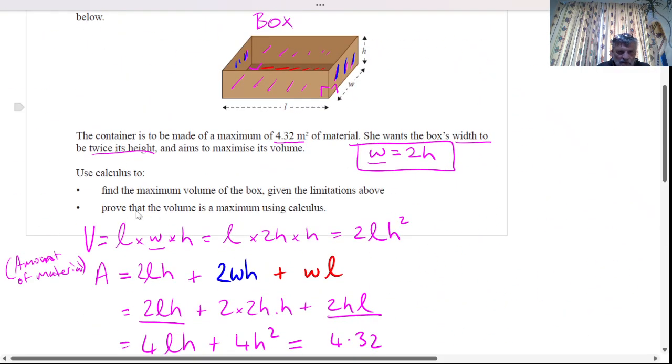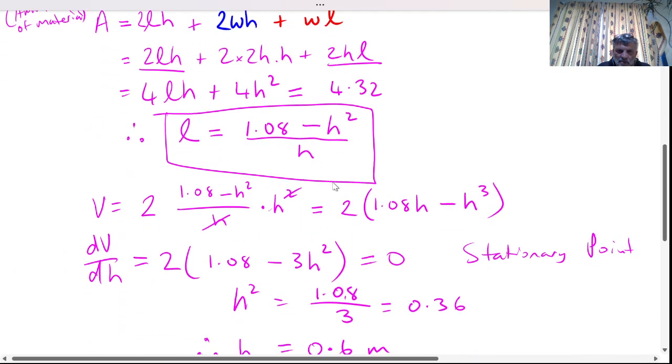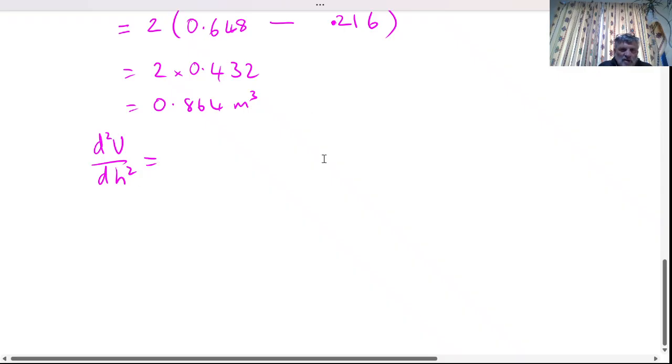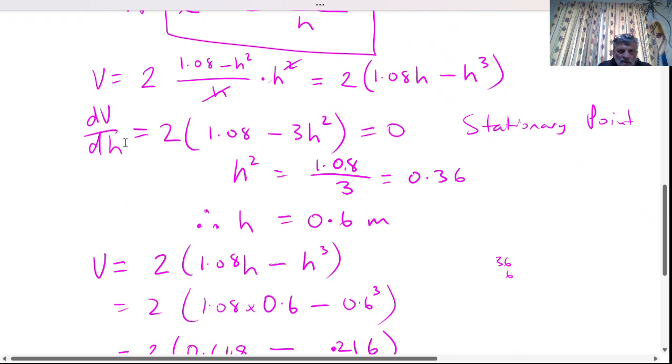So that's the first part, find the maximum volume of the box given the limitations above. Prove that the volume is a maximum using calculus. One way to do that is to find the second derivative of the volume with respect to h. So we differentiate this expression here.